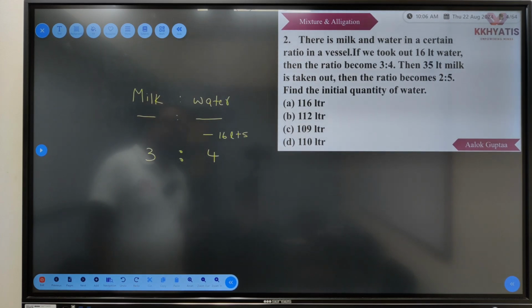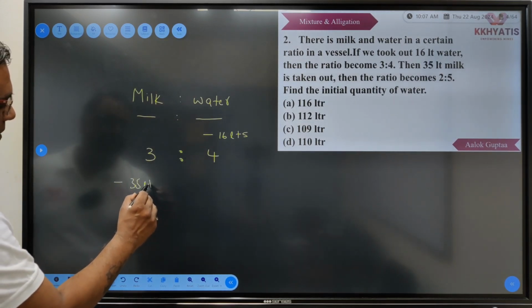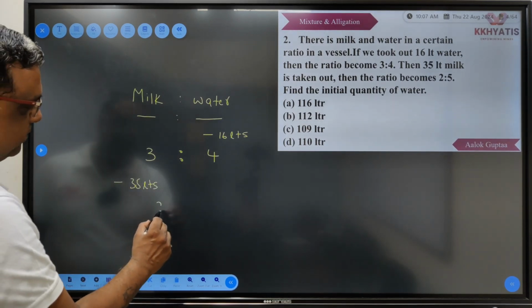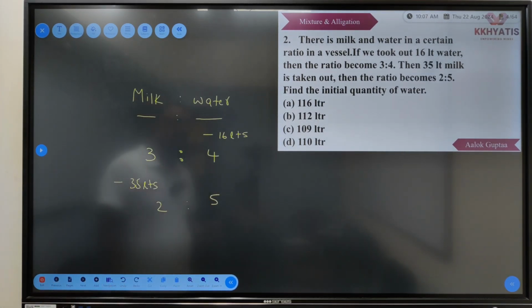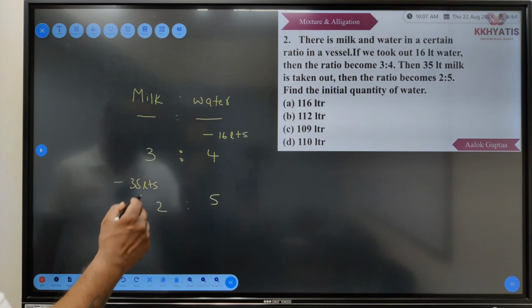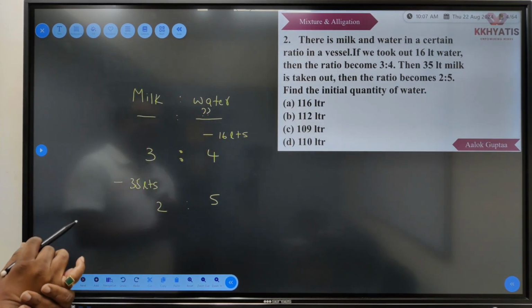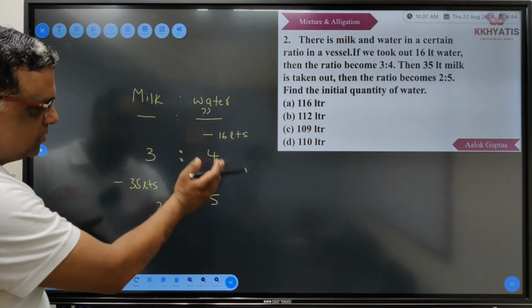Then 35 liters of milk is taken out. Then I am taking out 35 liters of milk. Then the ratio becomes 2:5. Find the initial quantity of water, which means I have to find the value of this. Right? Now let us understand this scenario first.